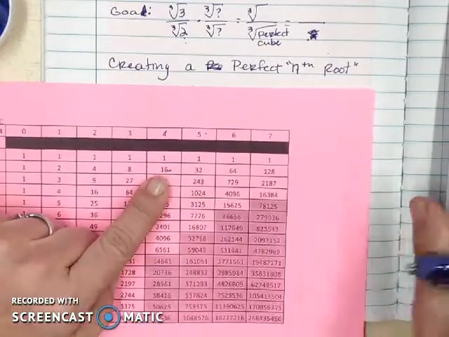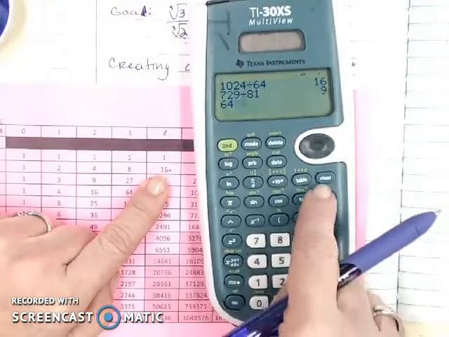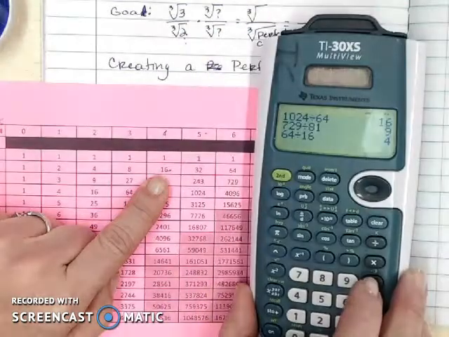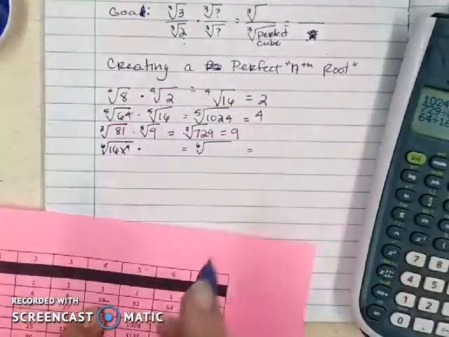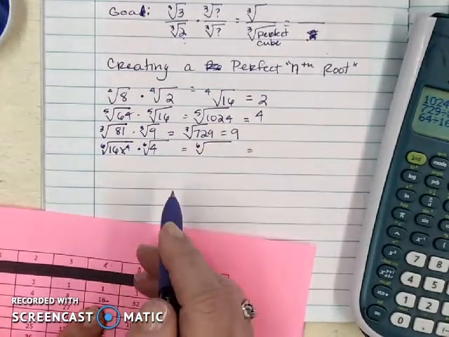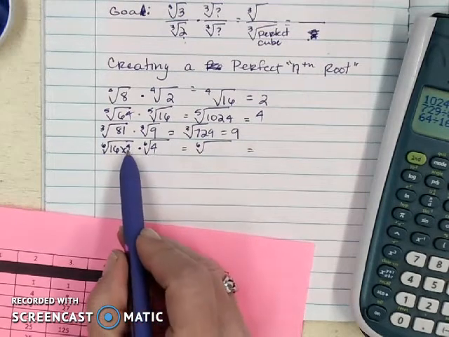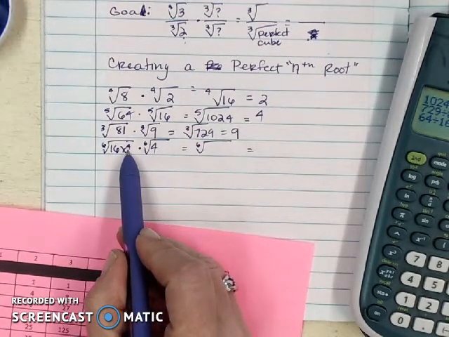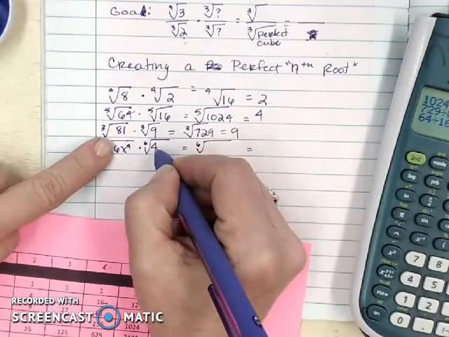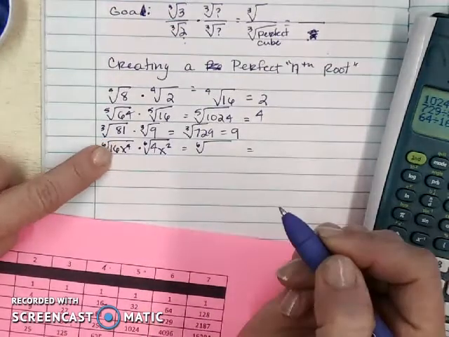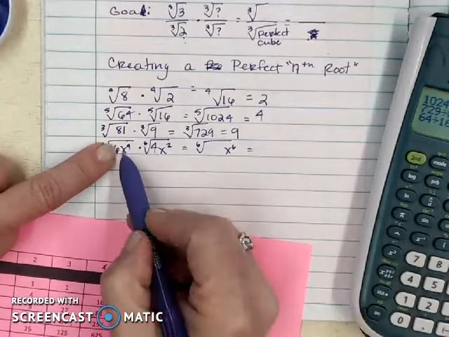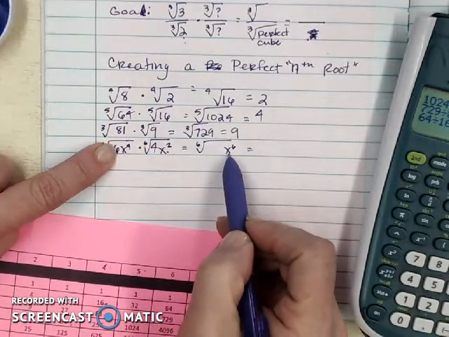So if I do 64 divided by 16, I get 4. So if I multiply by the 6th root of 4, but I also need my variable to have an exponent of 6 or some multiple of 6. So if I've got 4 x's here, I need 2 more to give me a total of 6. X to the 4th and x squared gives me x to the 6th.